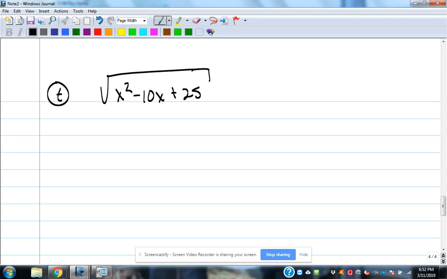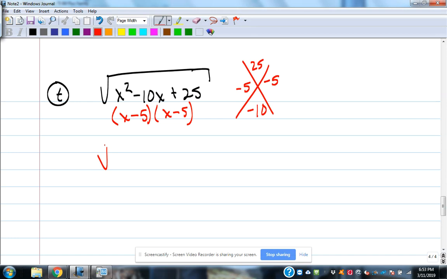So if we factor this polynomial, this one I'll do with the x method because it's 3 terms. Multiply to be 25 and add to be -10. Positive 5 times -5 is -25. So negative would get me a positive 25 and a -10. So -5 and -5. x minus 5 and x minus 5, and let's rewrite that as x minus 5 squared.